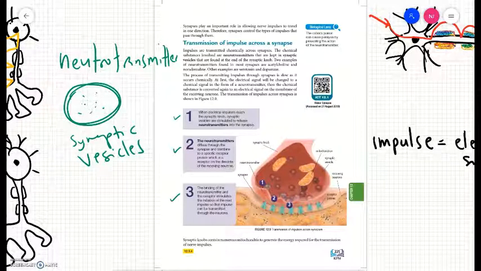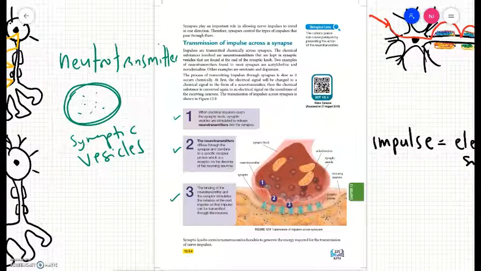Okay, there are yang lebih spesifik, which are serotonin, dopamine, acetylcholine, and noradrenaline. Okay, you can find it in the textbook, page 225. There are names of neurotransmitter. Neurotransmitter ni ada banyak jenis.